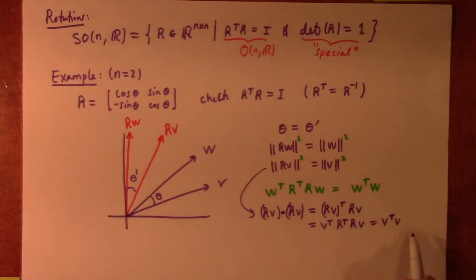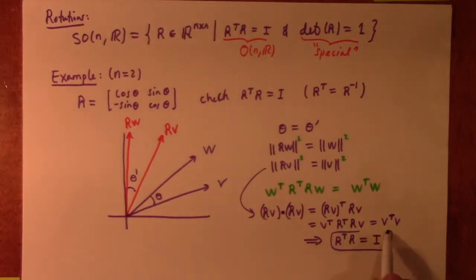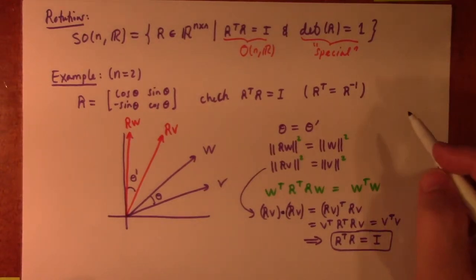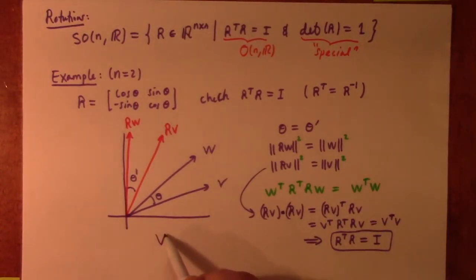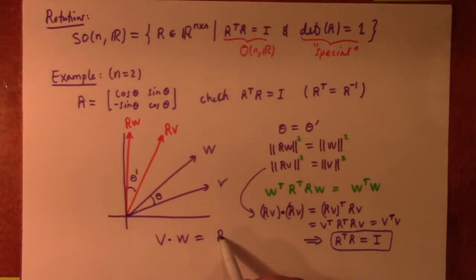The thing is that this has to be true for all possible v and w, so that implies that R transpose R is equal to the identity matrix. And there you go. That condition maintains the length of vectors. And it also maintains the angle, because the angle between two vectors is defined by the dot product. So we'll also have that v dot w is equal to Rv dot Rw by the same token.